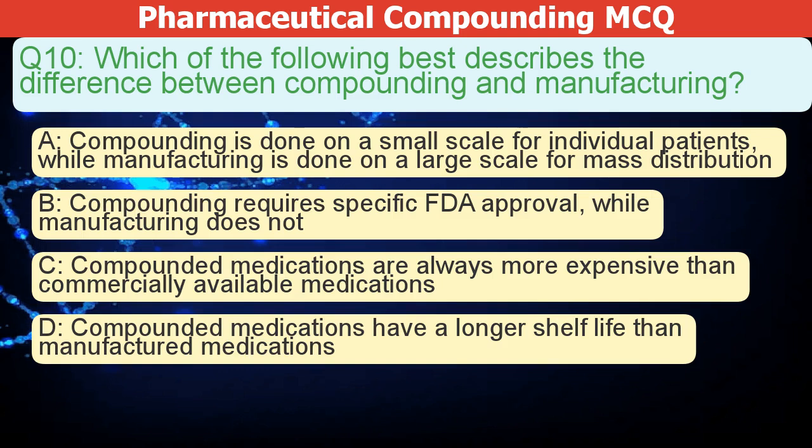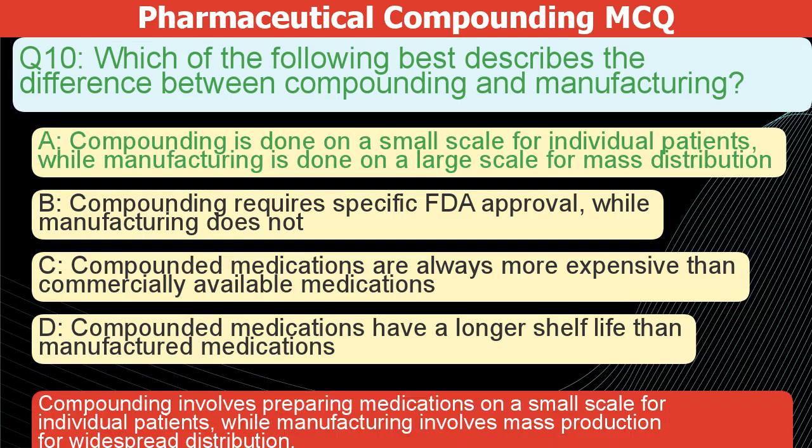C. Compounded medications are always more expensive than commercially available medications. D. Compounded medications have a longer shelf life than manufactured medications. The correct answer is A. Compounding involves preparing medications on a small scale for individual patients. Manufacturing involves mass production for widespread distribution.